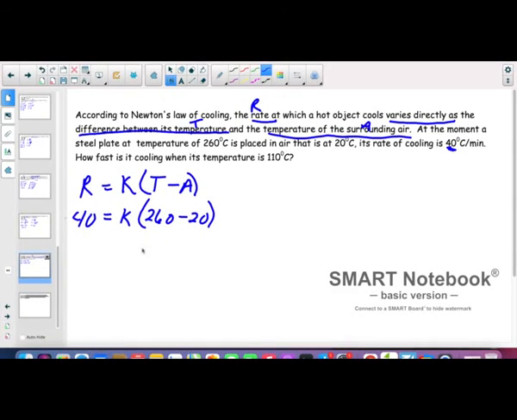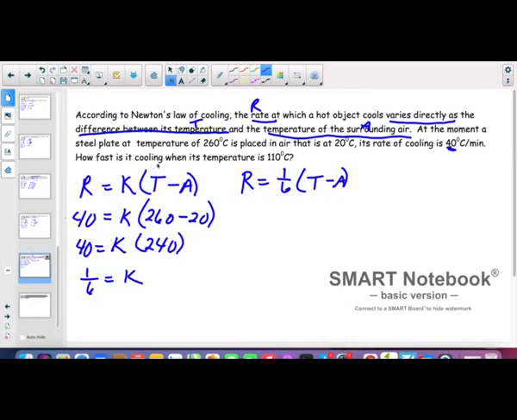That will enable us to find K. So we have 40 equals K times 240. And then 40 divided by 240, that would be 1/6 for our K value. So if K is 1/6, that gives us the formula R equals 1/6 times the temperature of the object minus the temperature of the air surrounding the object.